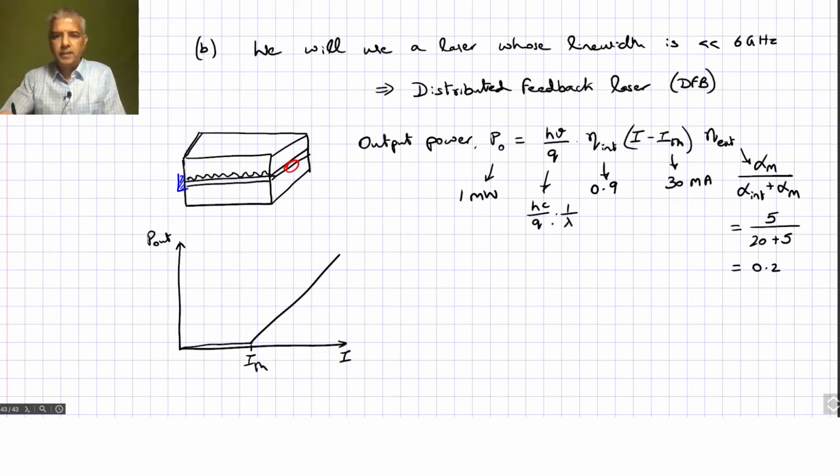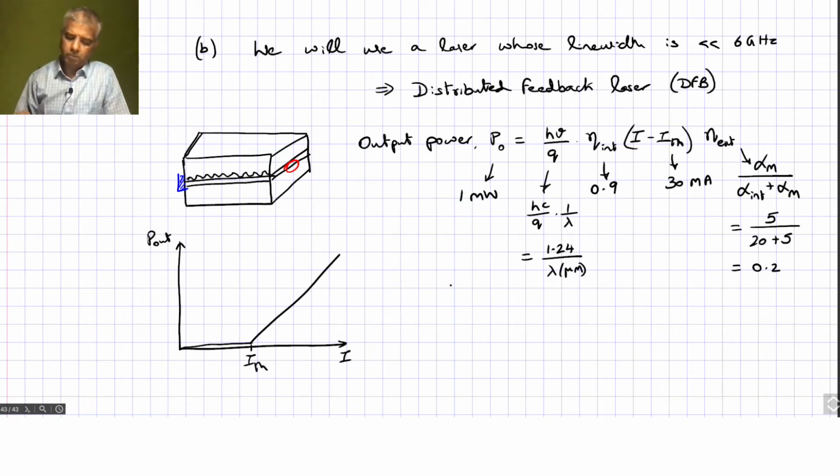Here h is the Planck's constant, c is the velocity of light in free space, and q is the charge of an electron. If you plug all this in, you will find that this corresponds to 1.24 divided by lambda, as long as lambda is expressed in microns.